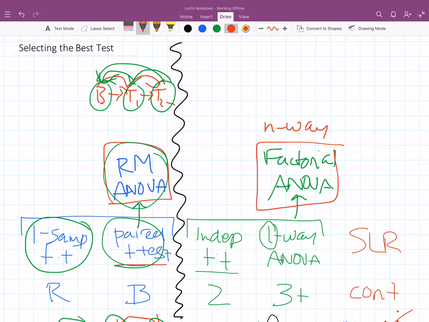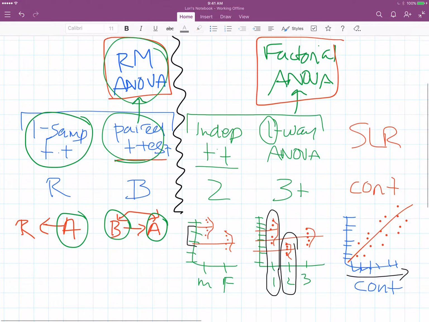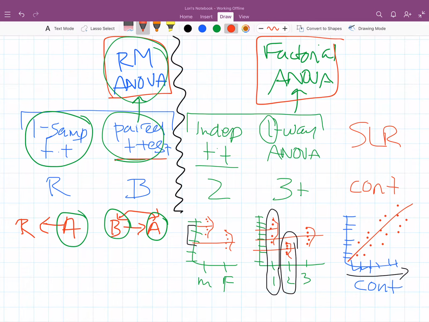But what factorial ANOVA does is it allows you to put more than one categorical predictor in order to predict that outcome variable. Remember how here we were putting categorical predictors. So here we have one categorical predictor. It could be 3 different programs or 3 different hospitals or 3 different schools, that kind of thing.